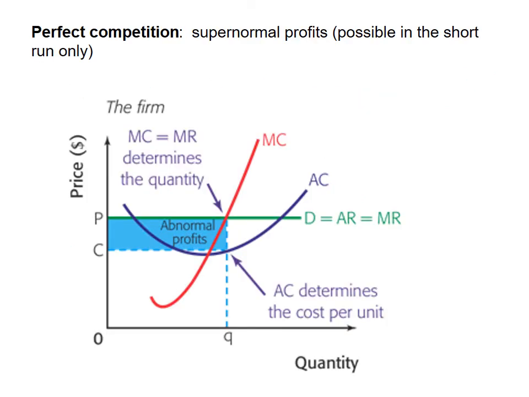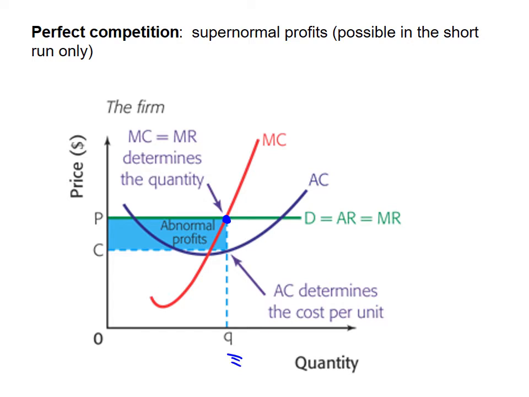And there it's drawn much more nicely for you. The demand curve is horizontal. You've got the average cost curve going below the demand curve. You have marginal cost going through the minimum of average cost. Once you've determined where MC equals MR, which is here, you bring that down and that becomes your quantity.